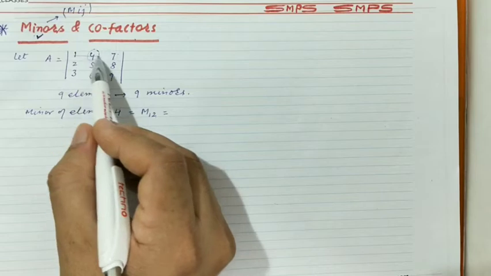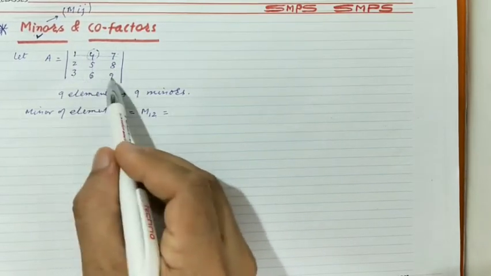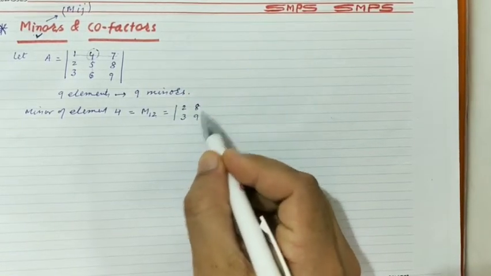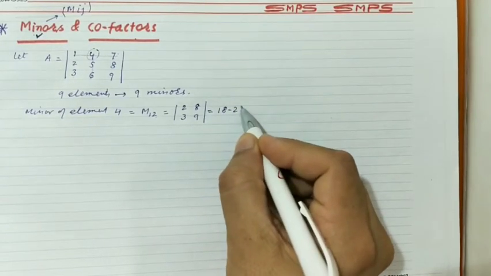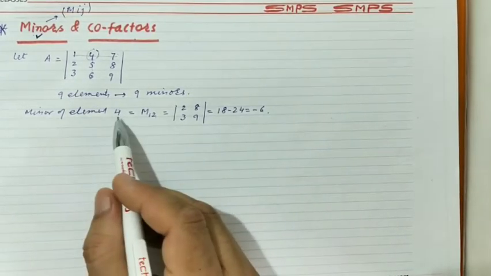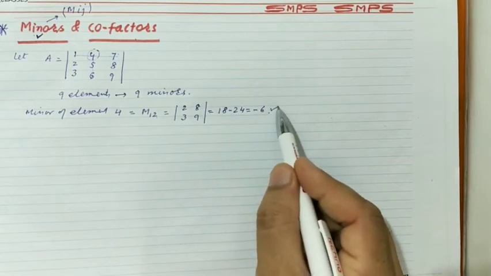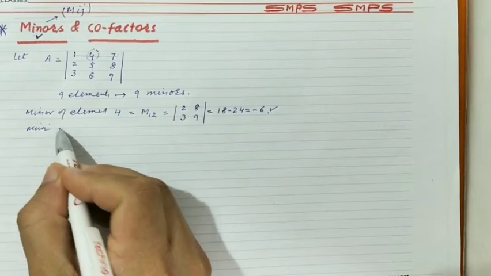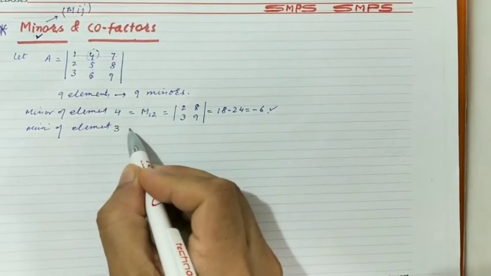So just delete this row and this column, and what is left? 2, 8, 3, 9, written in determinant form. When you simplify it, you will get 18 minus 24, that is minus 6. So the minor of element 4, that is M12, is minus 6.